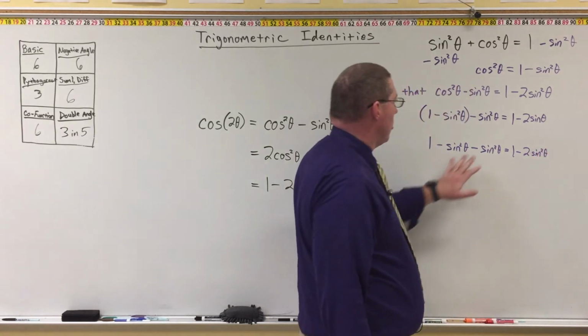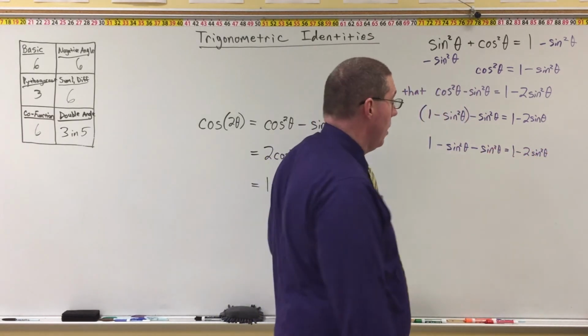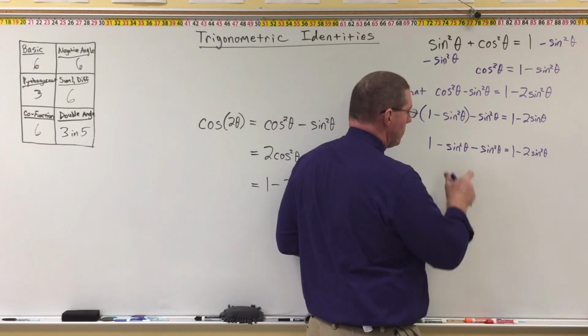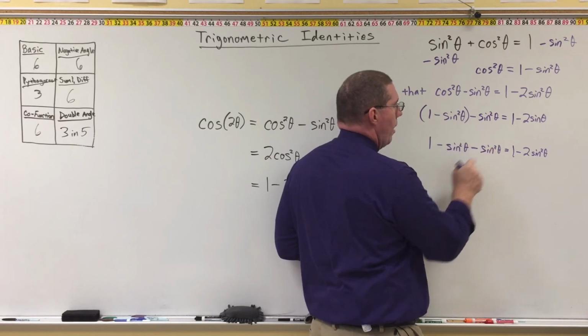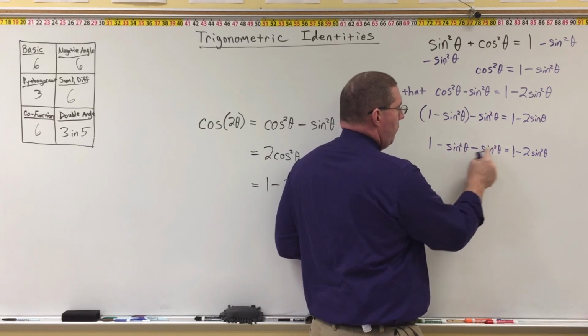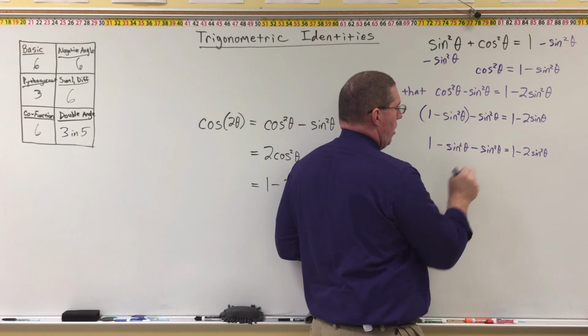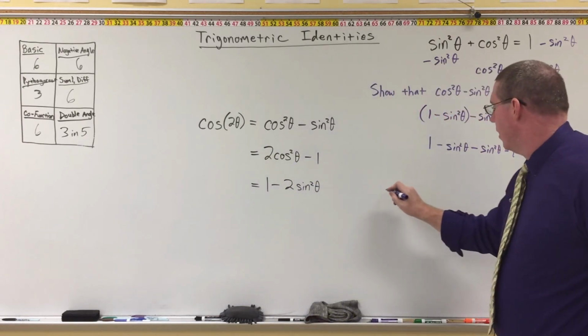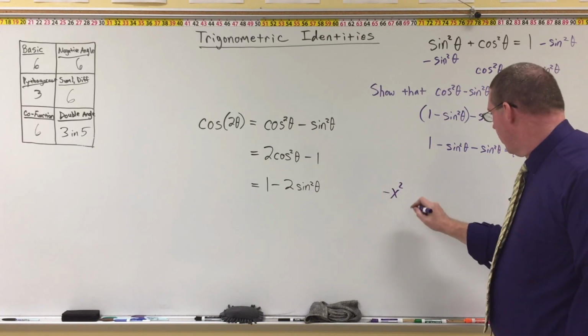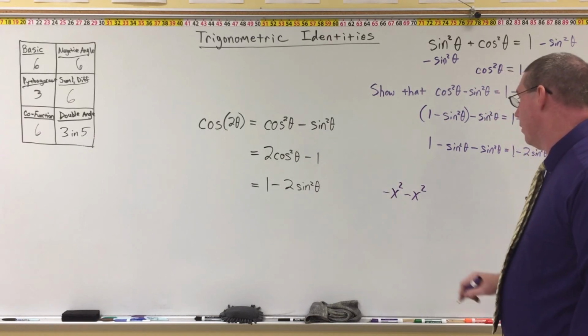These two almost look identical already. I only have one step left. See here, this minus sine squared of theta, minus sine squared of theta, these are like terms. They're both squared, they're both of the same angle, and they're both the same trigonometric function, okay? So it's about the equivalent of having negative x squared minus x squared.